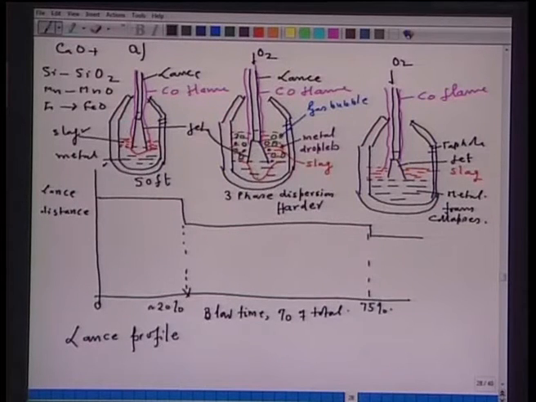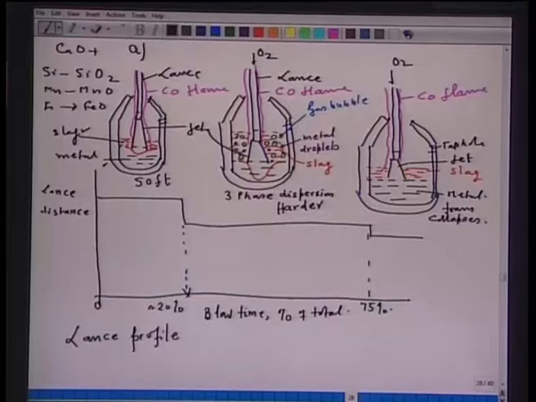The jet penetrates deep into the bath, droplets will also be produced, and these droplets will be entrained into the slag, and part of the carbon monoxide bubbles which are smaller will also be entrained into the slag, and as a result the slag will foam.